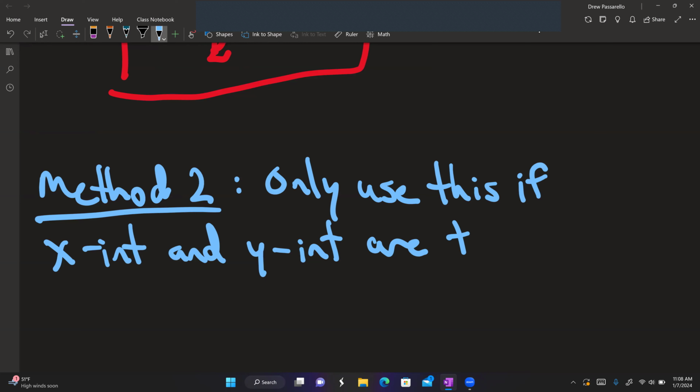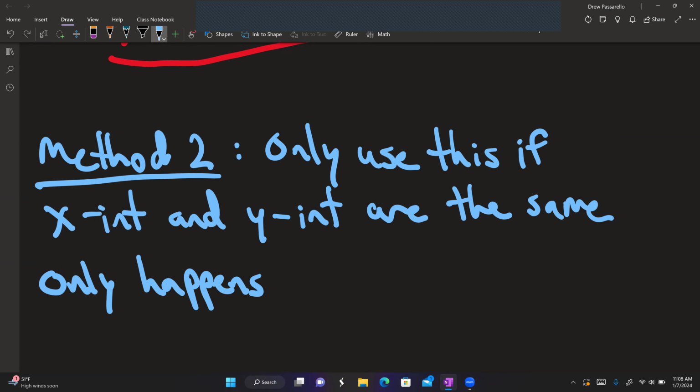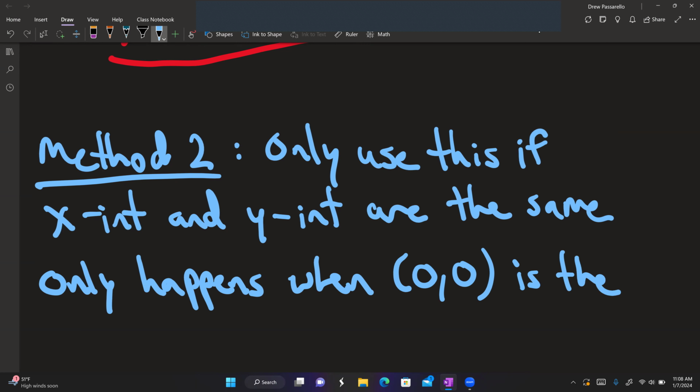They are the same. That only happens when it's (0, 0). The origin (0, 0) is the x-intercept and y-intercept because they both are 0.